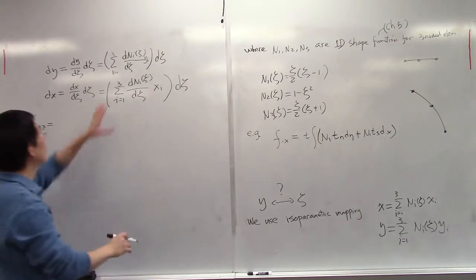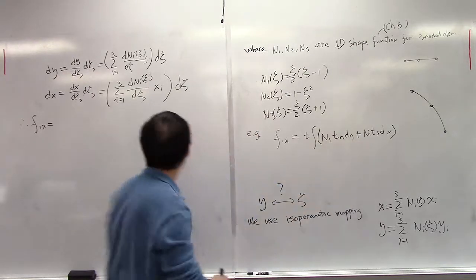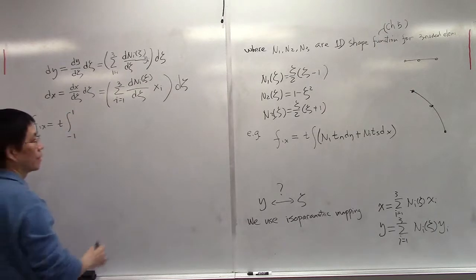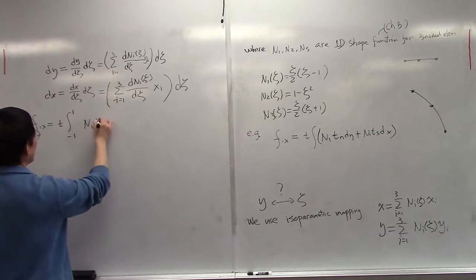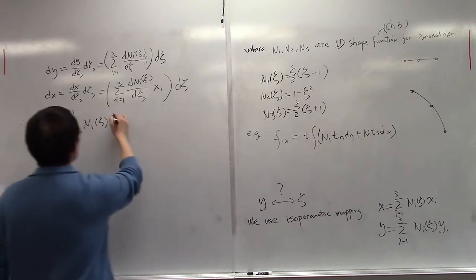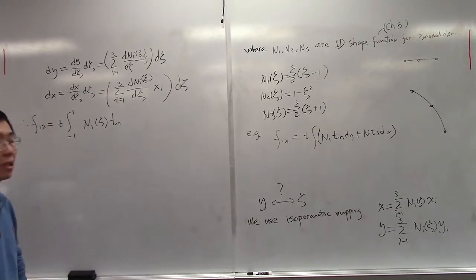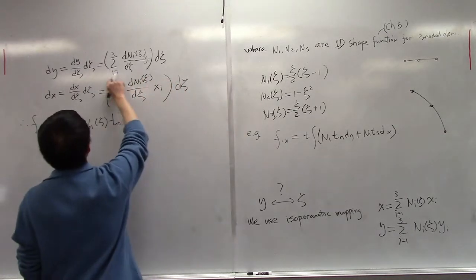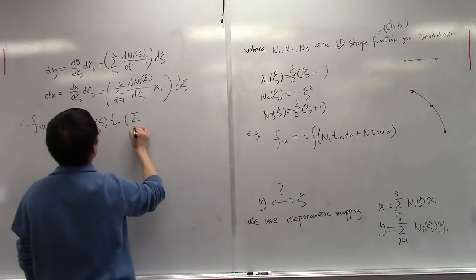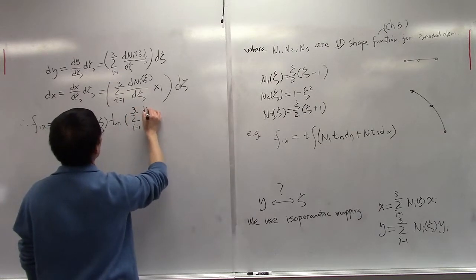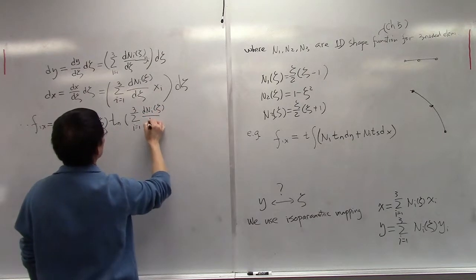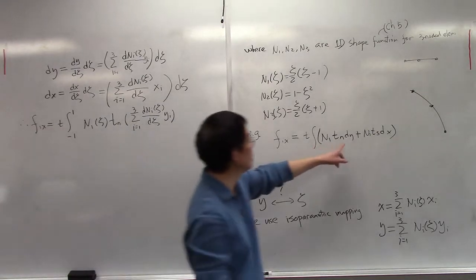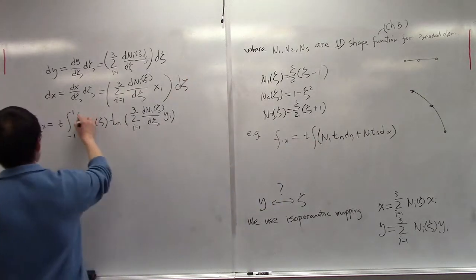Okay? Therefore, f1x, now put these two into this. We will have the thickness, integration from -1 to 1, N1, which is already a function of theta. Tn is prescribed. It could be a function of theta or could be constant. And then dy is this guy. So we have I from 1 to 3, dNi/d theta times yi, and then times d theta, which I'm going to take out.